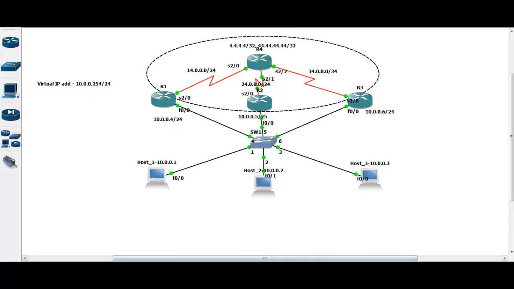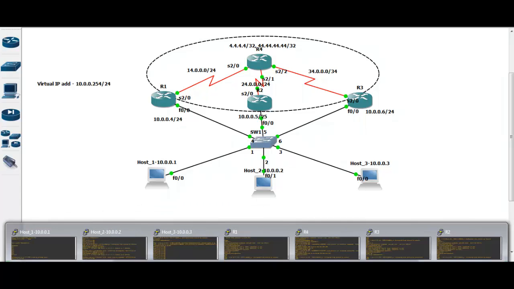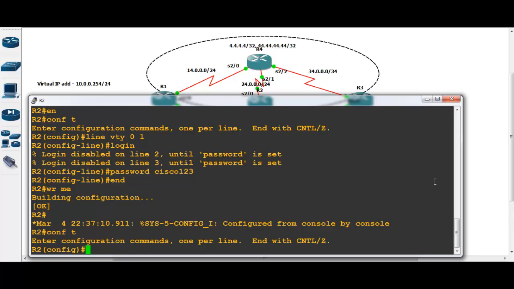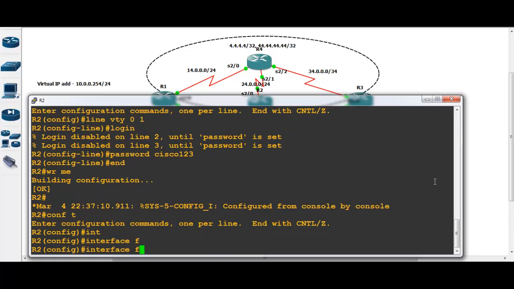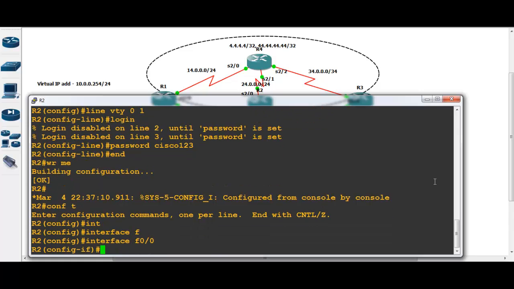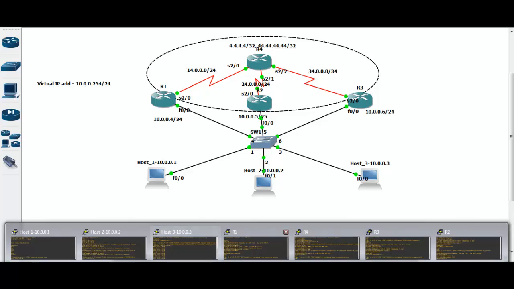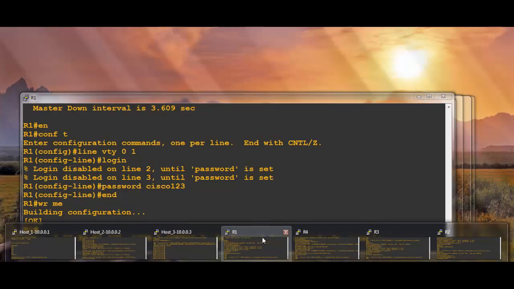Let us enable VRRP on router 2, the other gateway. Now router 2 should become master because it has got the bigger IP address than router 1. Let's verify that. Get inside the interface FastEthernet 0/0. 10.0.0.5 is the interface, which is bigger than 10.0.0.4.